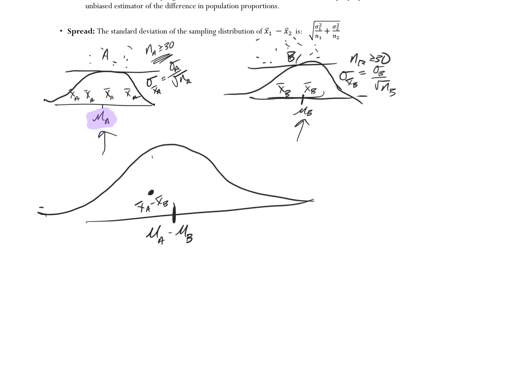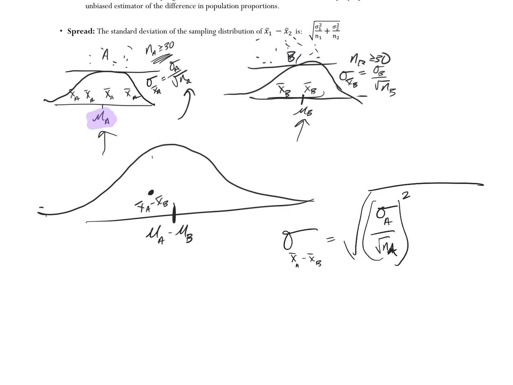Now, for the standard deviation, you guys don't need to write this initial part down because I'd much rather you understand it than focus on getting it written. Okay? The standard deviation of X bar A minus X bar B, we would have to do that kind of funky Pythagorean thing where we would take the first standard deviation, which would be sigma of A over the square root of N_A, and then we would square that.